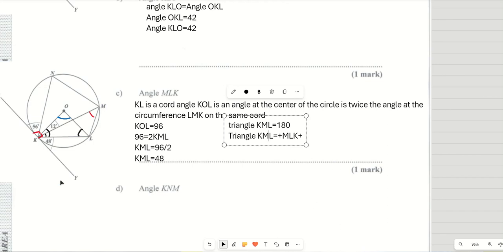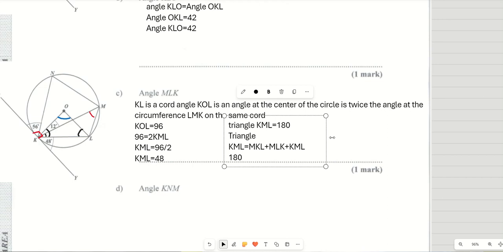So the angles in triangle KML: MKL plus MLK plus KML is equal to 180.